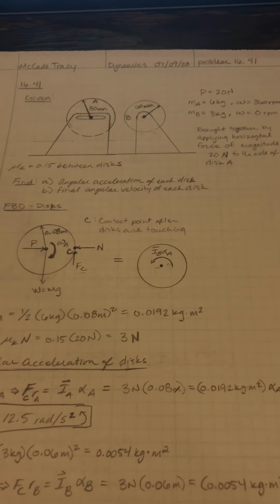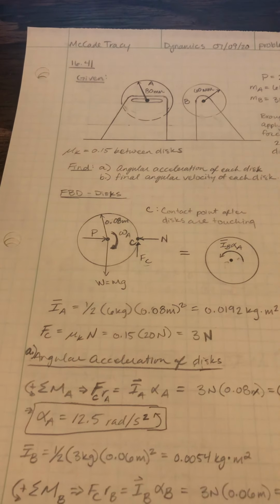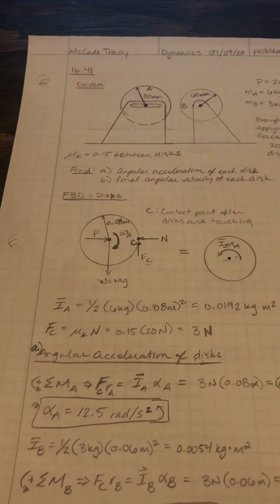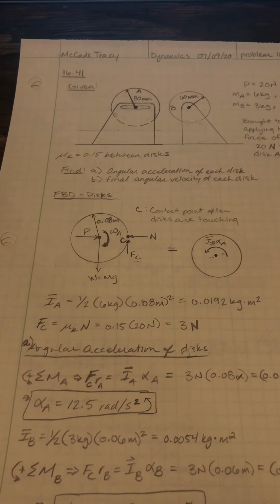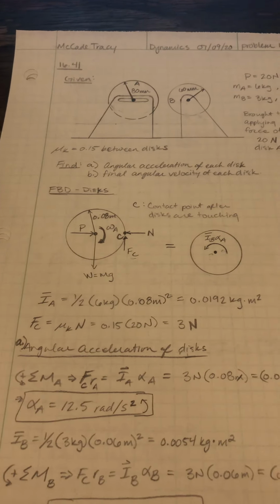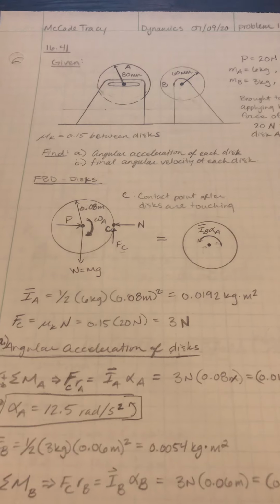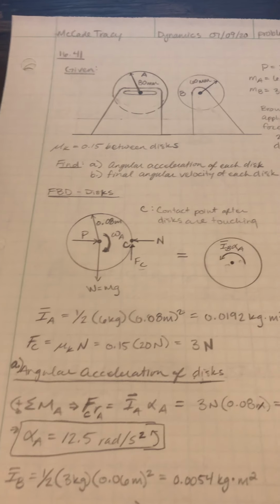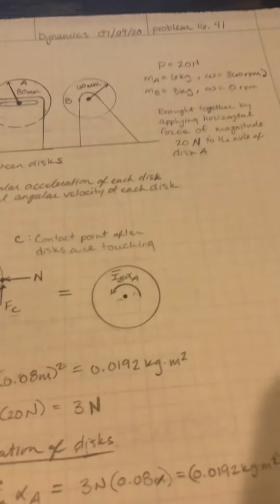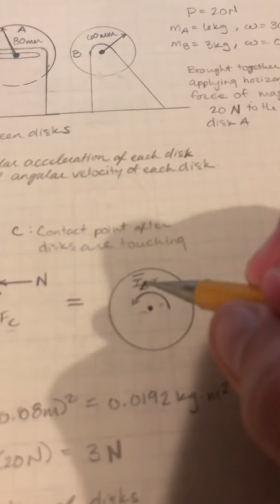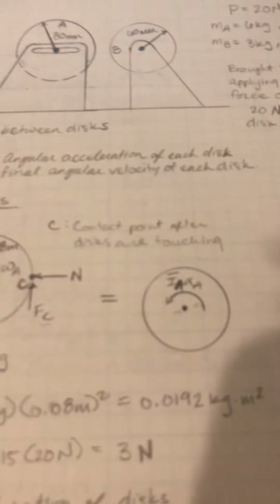And so here we need to use the moment of inertia of a disc. That should say A as well. Sorry.